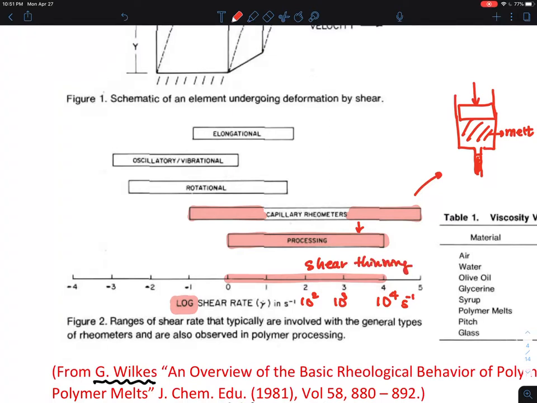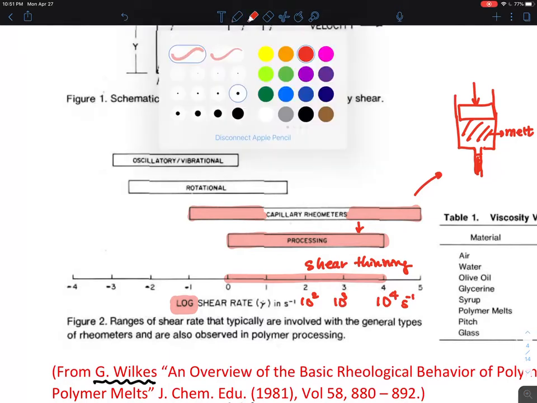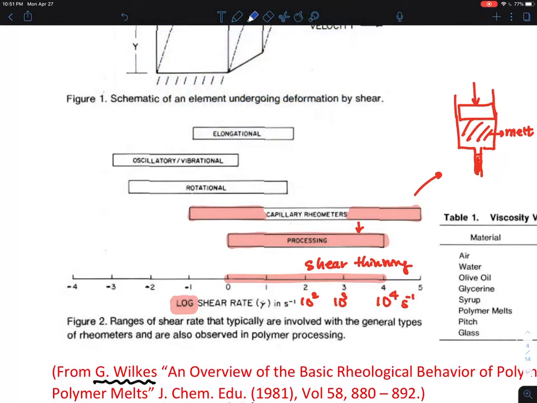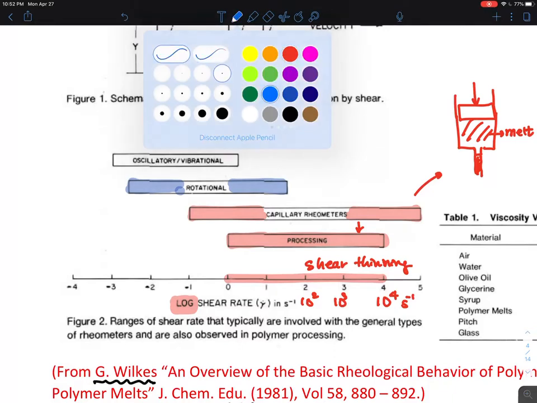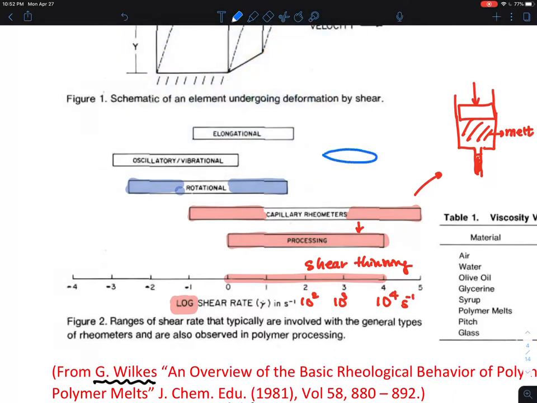Okay, and there is another type of polymer rheometer that we can use, and this is what is called the rotational rheometer. Essentially this is what we have in the lab. And this is essentially what we call the parallel plate. So you're going to put your sample between essentially two coins. It looks like two parallel discs, and then you're going to rotate this, depending on the RPM.